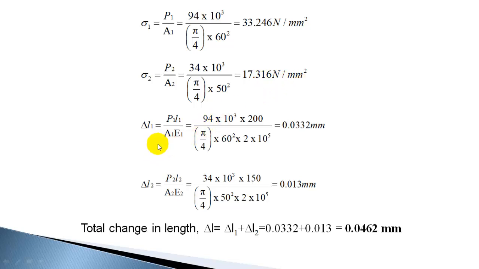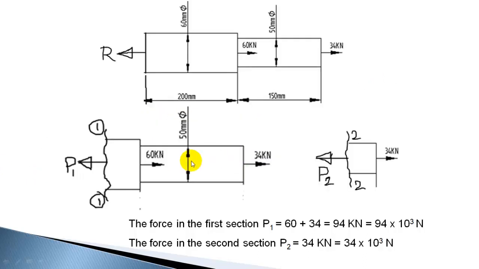Now to find out the deformation, in this case again elongation, both the sections are elongating, so delta L1 is P1 L1 divided by A1 E1. So P1 is 94 into 10 raised to 3, that force in that section. Length of that first section is 200 mm.